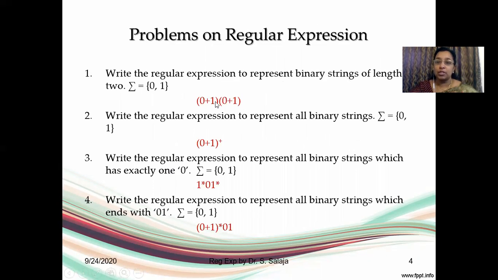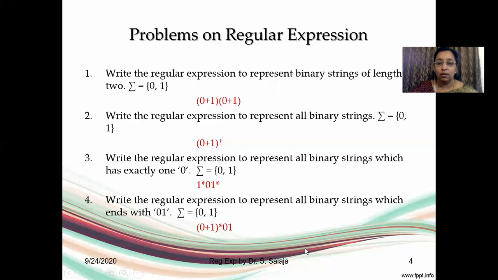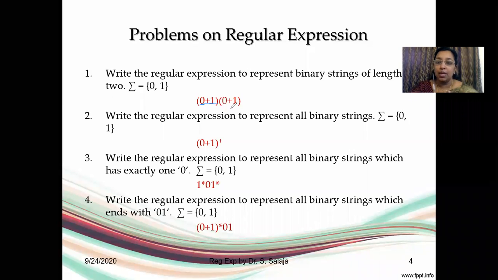So the first character has two options. It can be either 0 or 1, so it is represented as 0 plus 1. And then the second character can also be again 0 plus 1, so it is either 0 or 1. So we concatenate the first character and the second character.